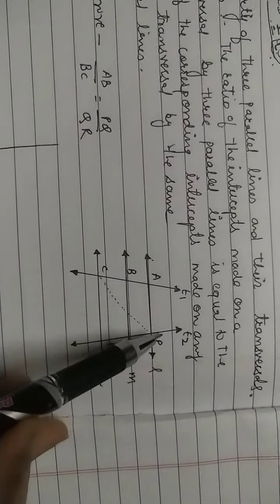Now here you all know that line M is parallel to line N, so AP will be parallel to BQ. So can we apply the BPT theorem here, that is, the basic proportionality theorem? Yes.